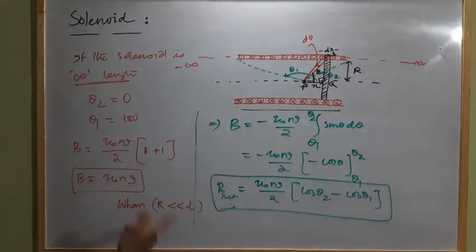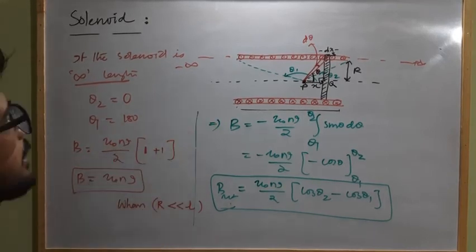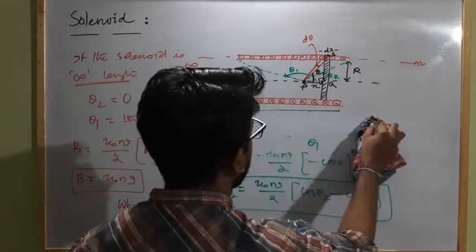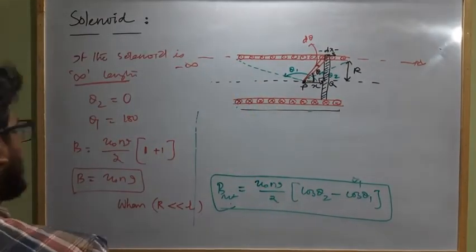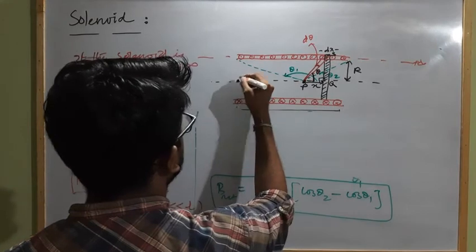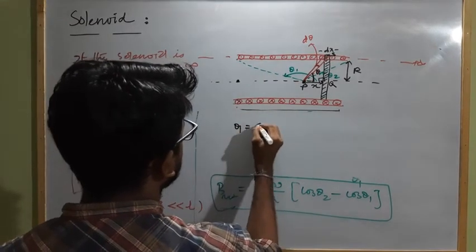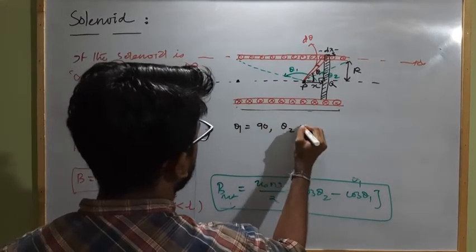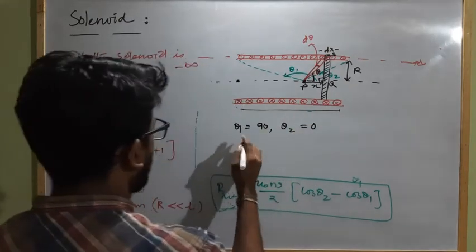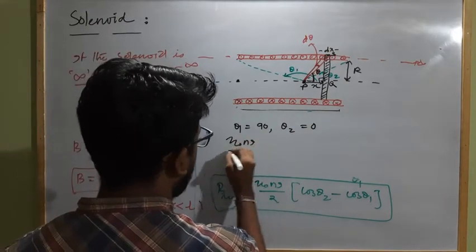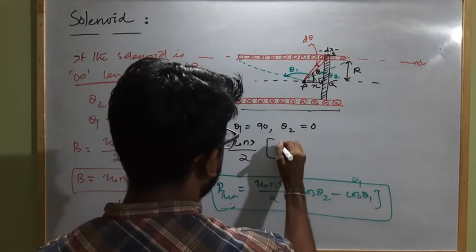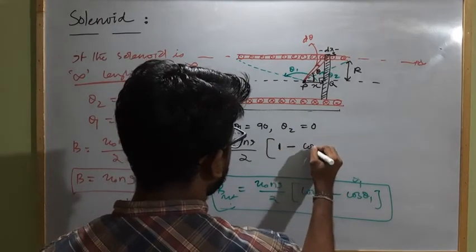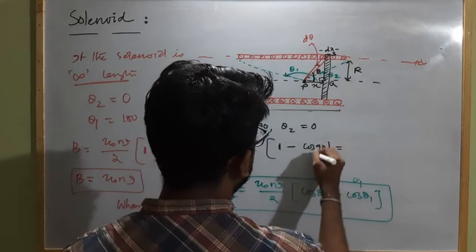Clear? And again, if the point of observation is close to one end, at this point, then theta 1 will become 90 and theta 2 will become 0. So we can write mu naught Ni by 2 into cos theta 2, which is 1, minus cos theta 1, that is cos 90, equal to 0.